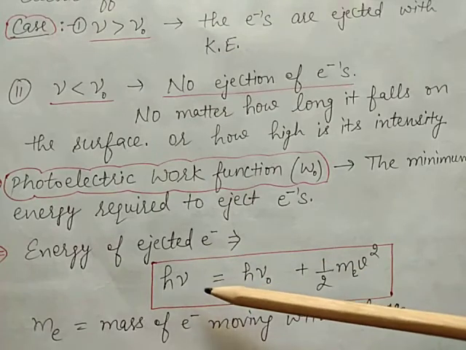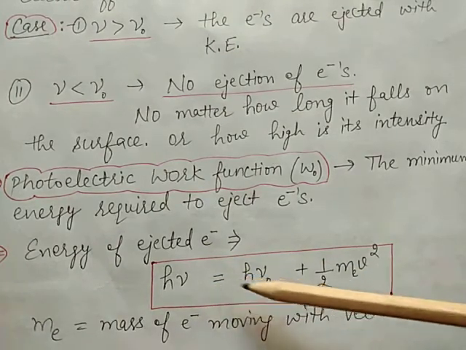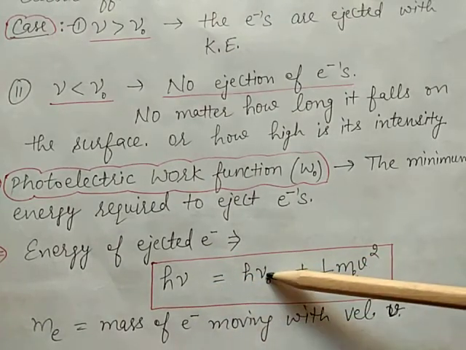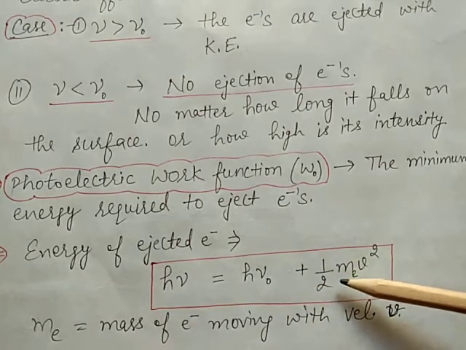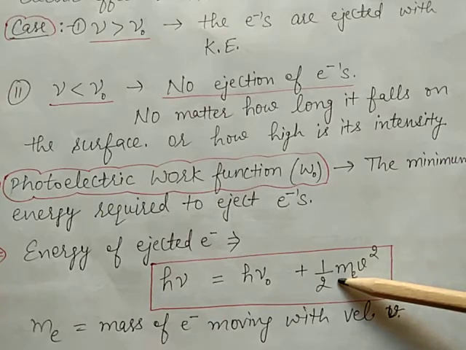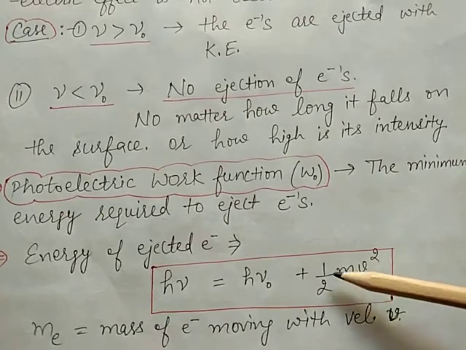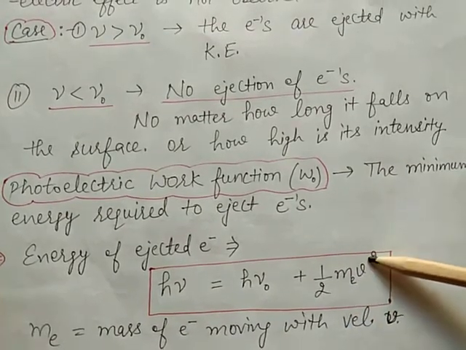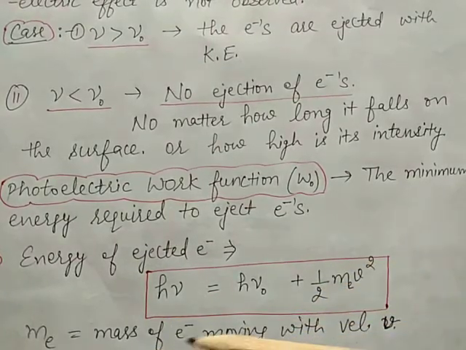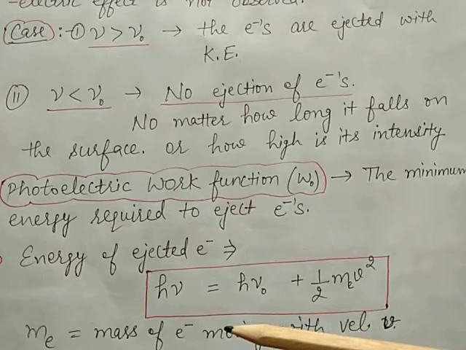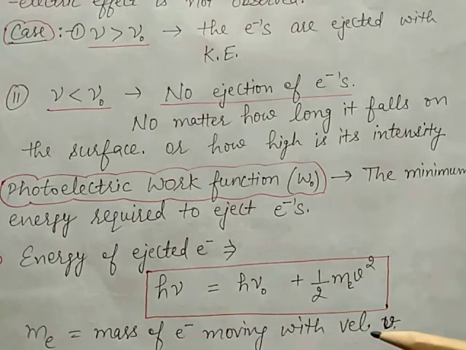That means the energy of the striking photon is equal to binding energy plus kinetic energy of ejected electrons. Kinetic energy is equal to half m v squared, where m is the mass of the electron moving with velocity v.